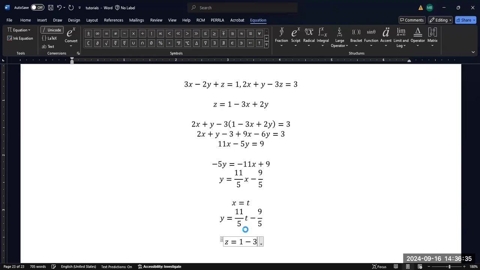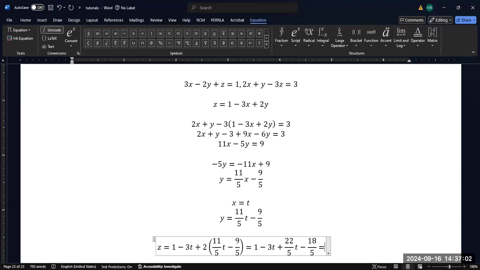So 1 minus 3t plus 2 times 11 over 5 t minus 9 over 5, which is going to get me, let's see, 22 over 5 t minus 18 over 5.